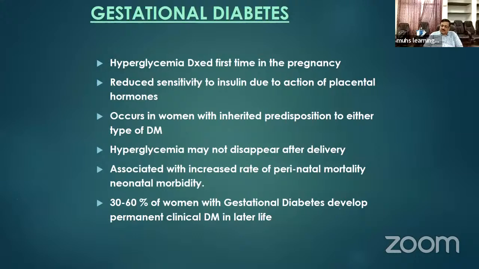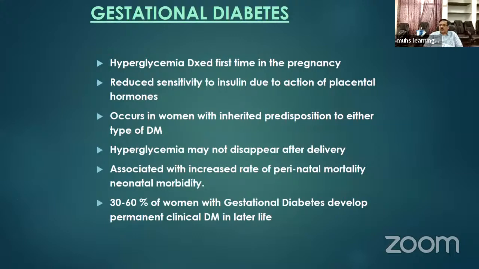Because if GDM is known, there is a 35% increased risk of having diabetes. And the hyperglycemia in GDM mostly cures after the child is born, but many of them may not get cured and they continue to be diabetic.